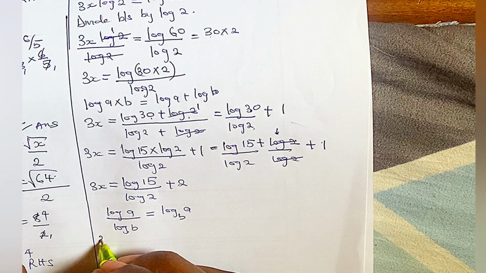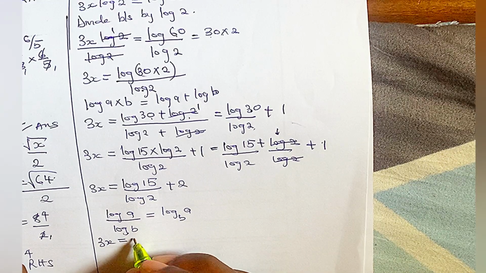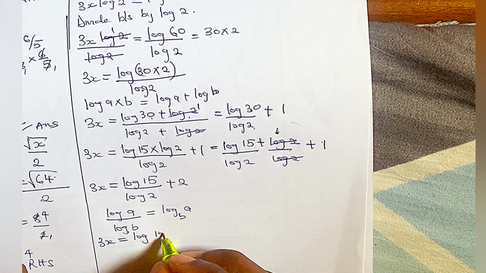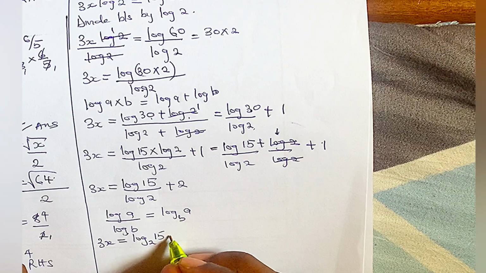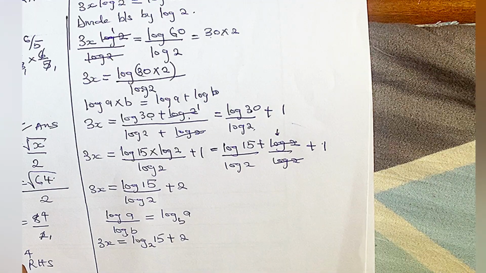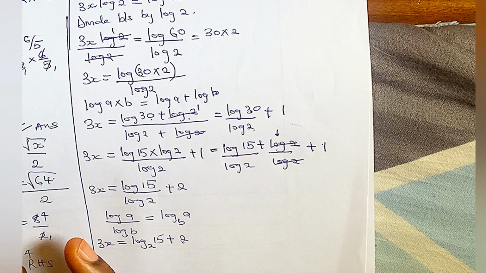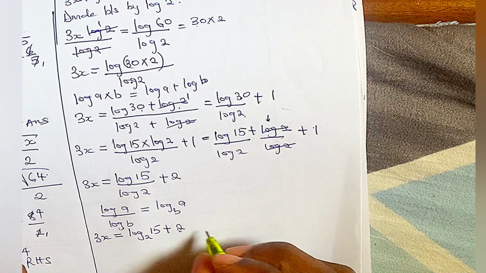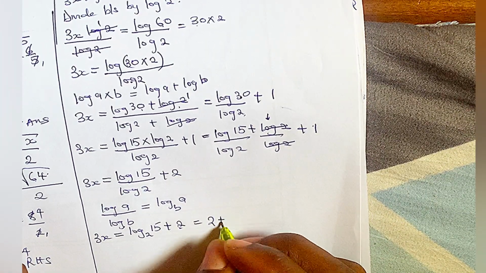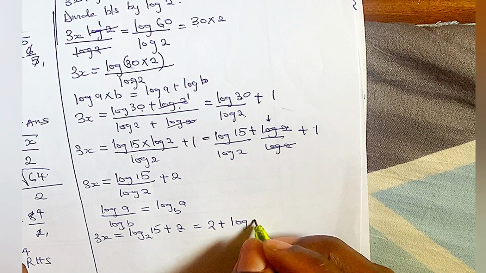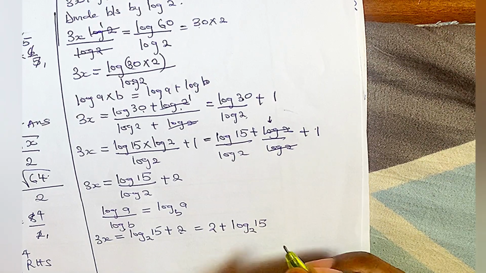So now we'll have 3x is equal to log 15 base 2 plus 2. And let's bring the constants to this other side, which is 2 plus log 15 base 2.